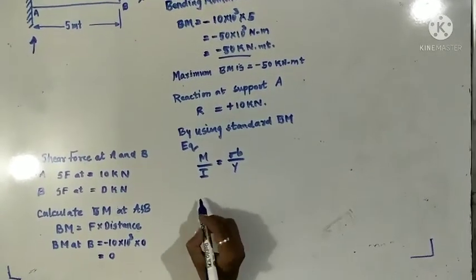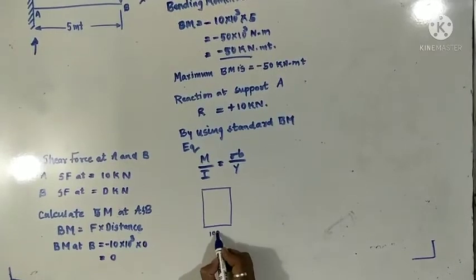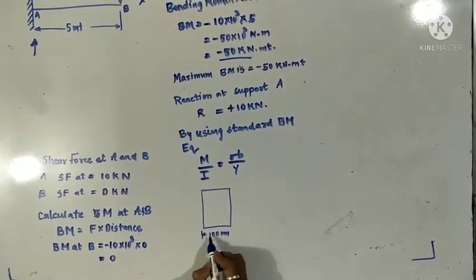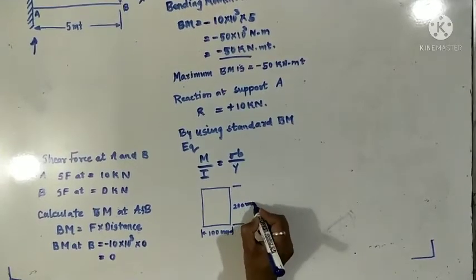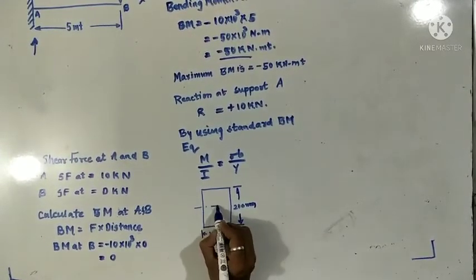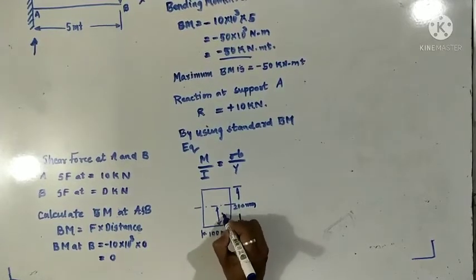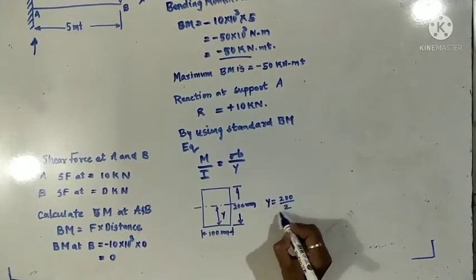I will draw the cross section of the beam. It is a rectangular beam. The width is 100 mm and the depth is 200 mm. So the Y will be half of the depth, that is Y is equals to 200 divided by 2, 100 mm.